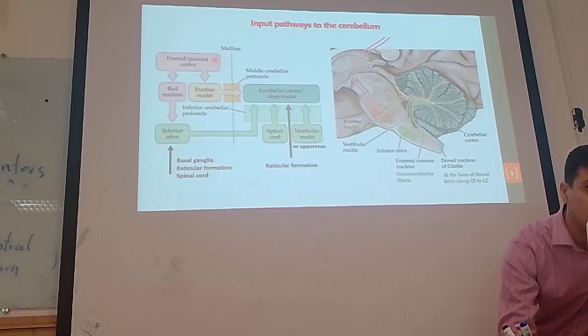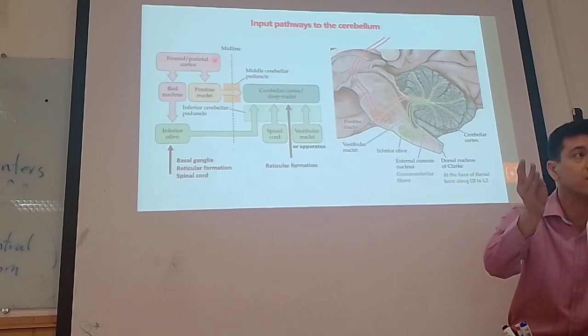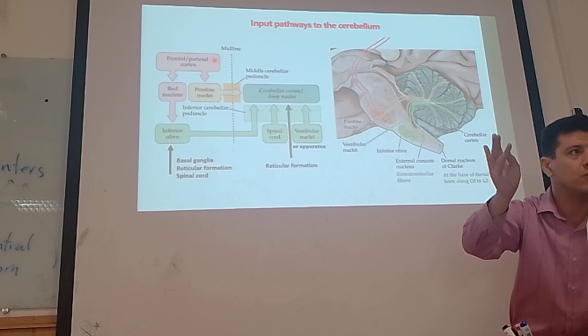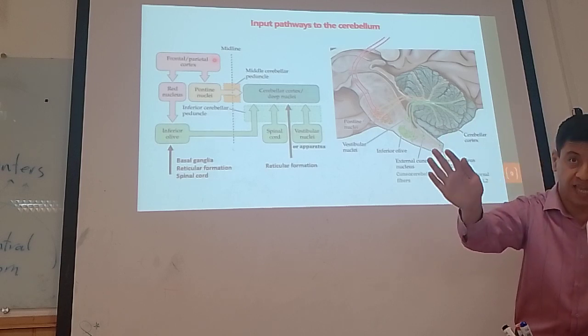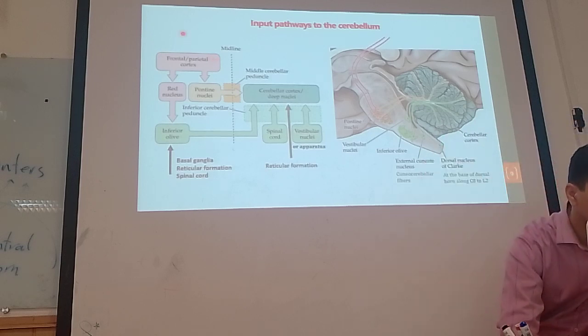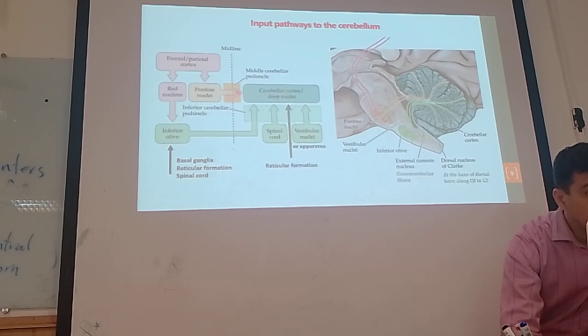And from the parietal cortex, so the sensory areas 1, 2, and Brodmann areas 5, 7. Right? They send the information first to the pons, the pontine nuclei. Then from the pontine nuclei, information goes to the opposite side, through the middle cerebellar peduncle to the cerebellar cortex and the deep nuclei.